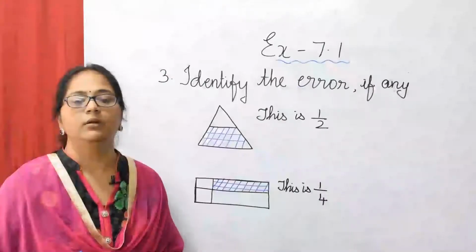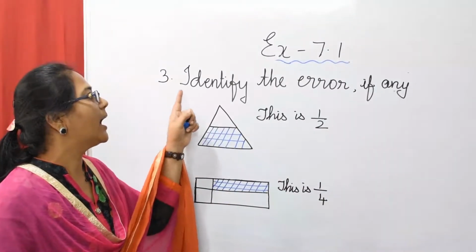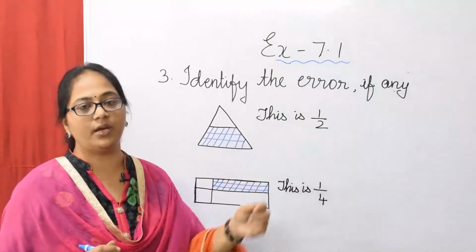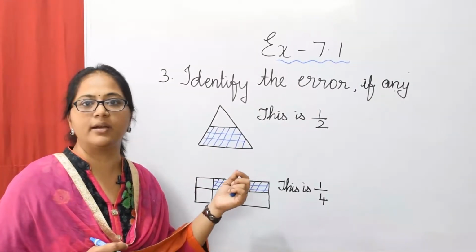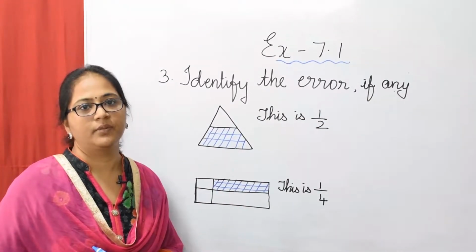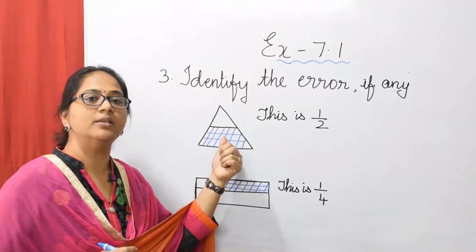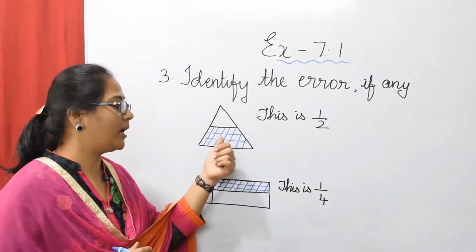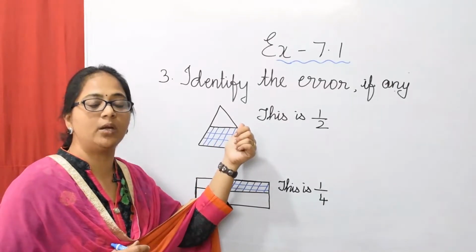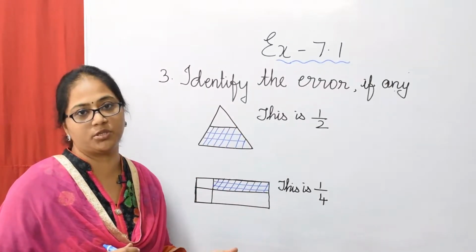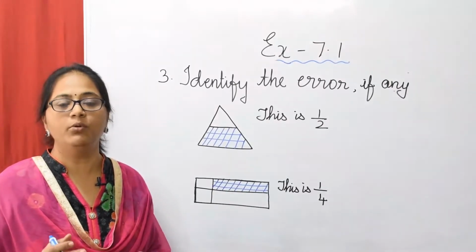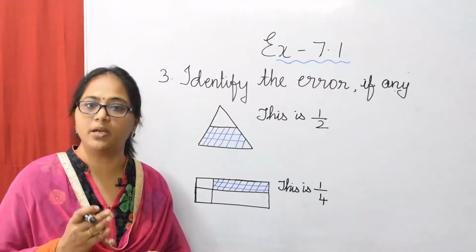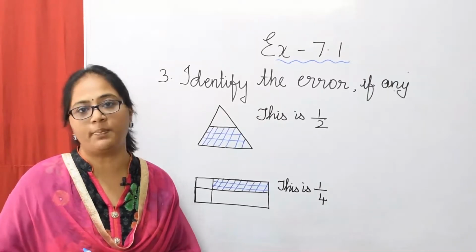Now question number 3: identify the error, if any. What kind of error can we see here? The shaded portion is not equal to the unshaded portion. As I already told you, a fraction has to be divided into equal parts.